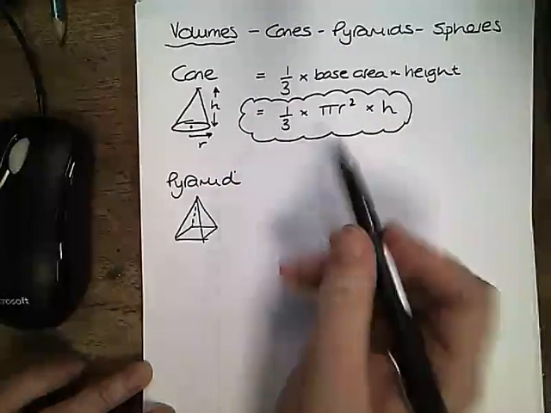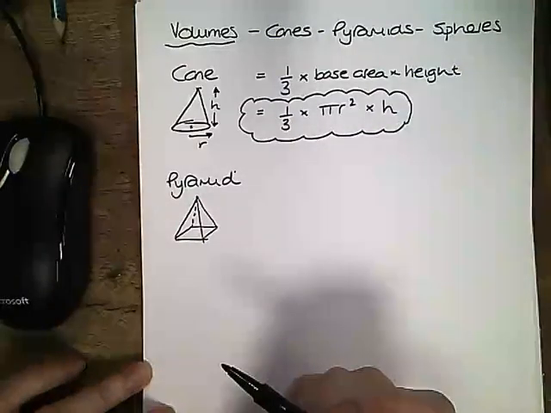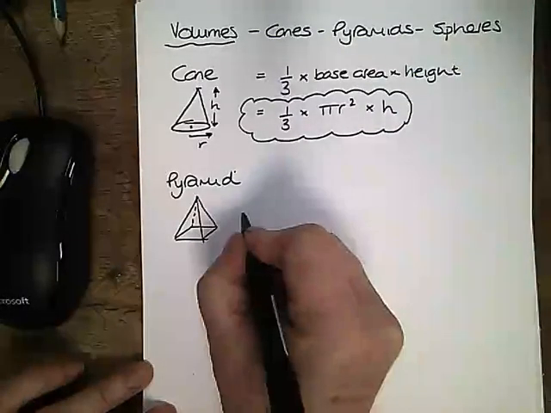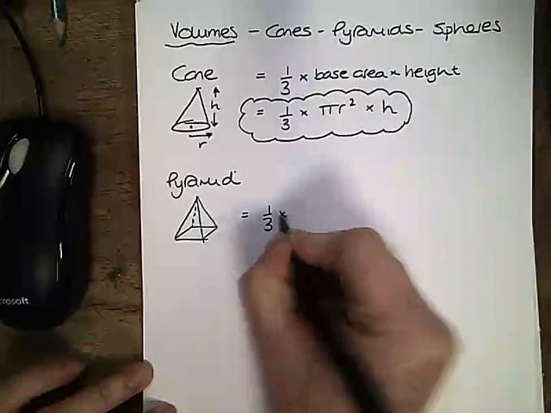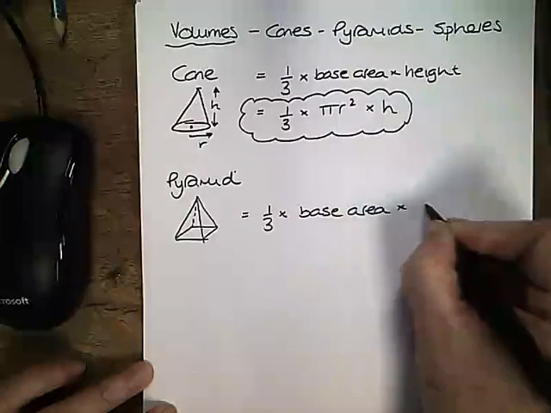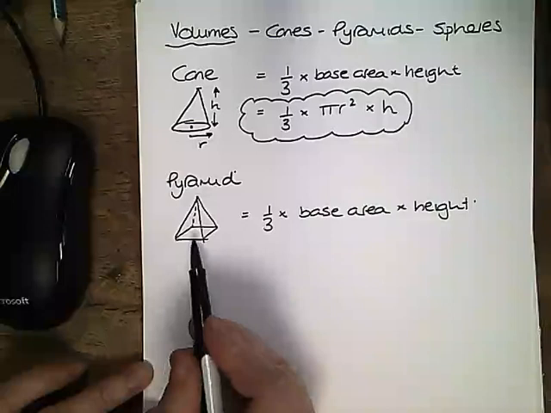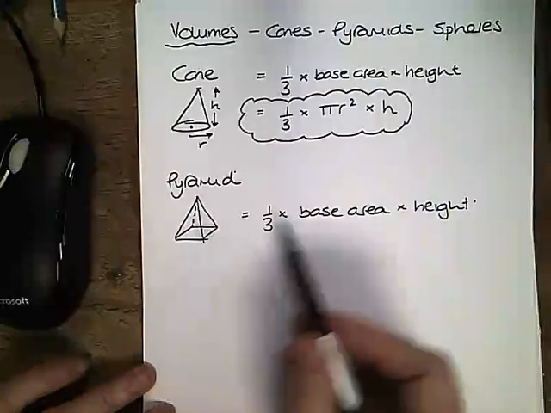Okay, and it's the same formula for the volume of a pyramid and a cone. So 1/3 times the base area times the height, and this time it depends what your base is. So you find the area of the base.